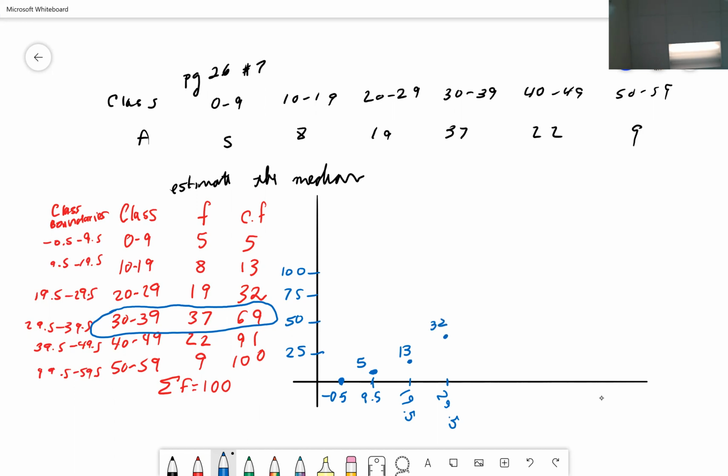And then at 39.5, it's actually 69. And then at 49.5, it's 91. And then at 59.5, it's 100.